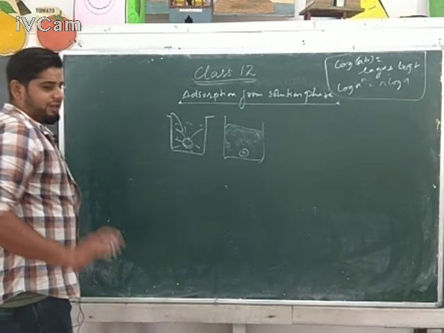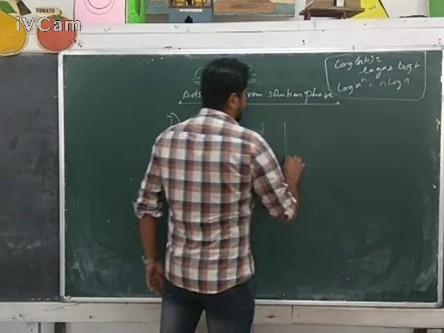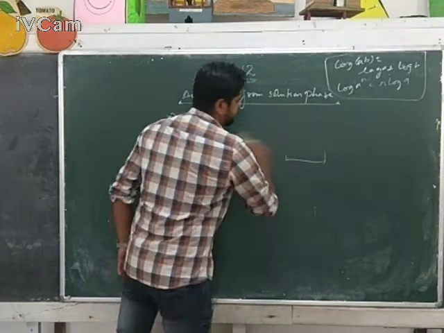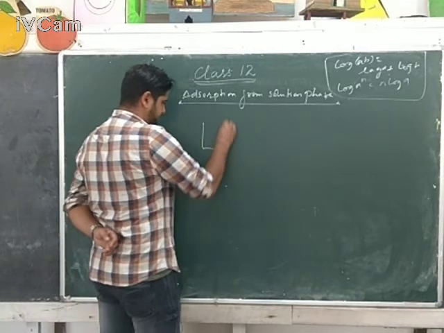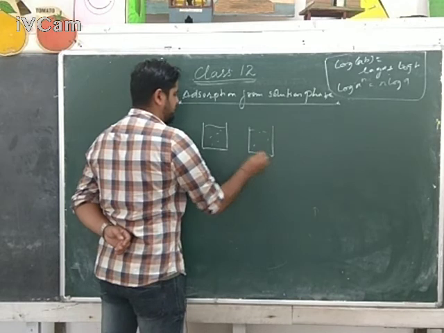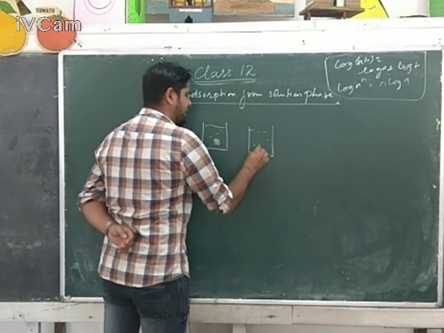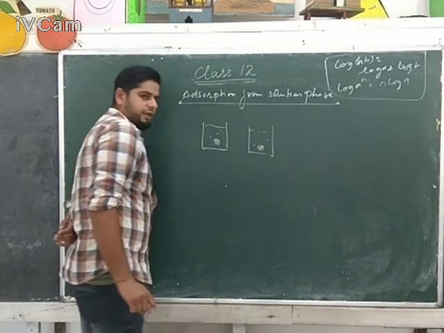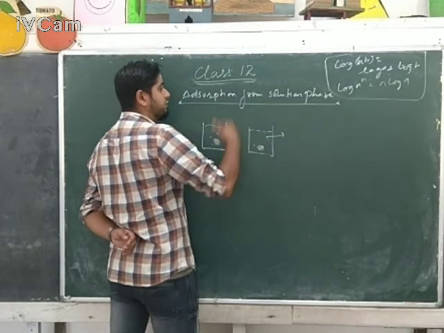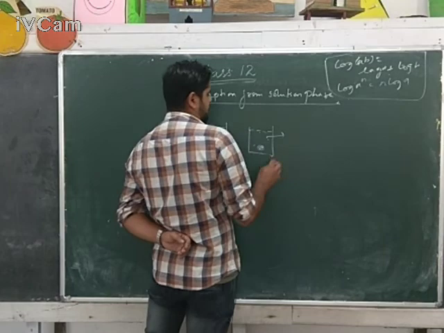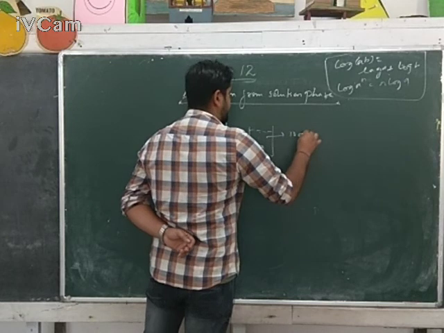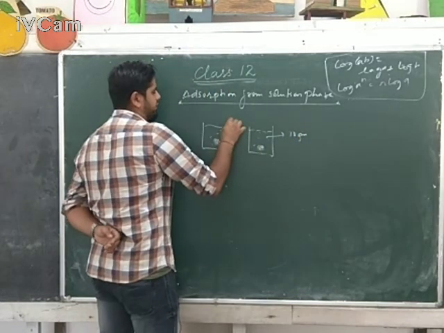Now, in a very simple manner, I'll give you two simple examples. Okay. See. Same solution, same adsorbent. If the concentration of the solute which you need to adsorb is higher, suppose here solute present is 10 gram, and suppose here solute present is 5 gram.